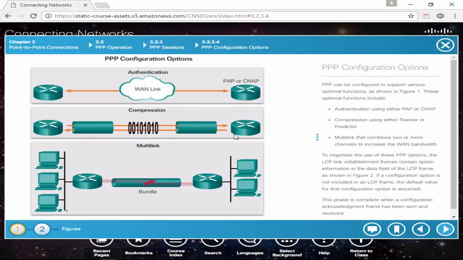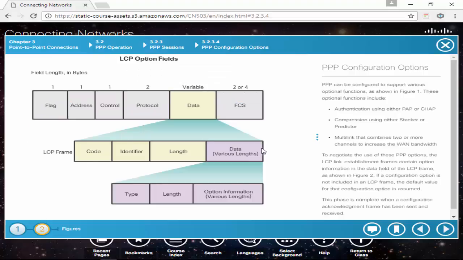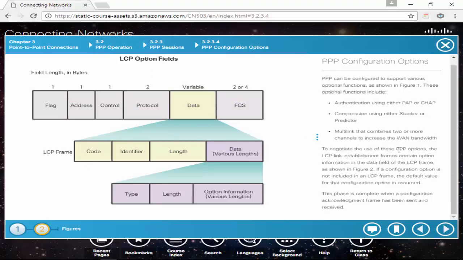We can compress it so it kind of zips it as it comes across. Or we can bundle. If we can only get T1 somewhere and we need more speed, we could take several T1s, use a multilink bundle, and bundle them together to work as one. Which apparently is in our LCP variables.